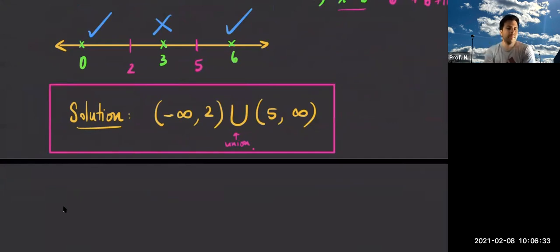That's all that union symbol means. It's just a symbol to represent that I'm including both intervals. So when you have more than one interval, that's usually what we use. We use the symbol of that big U to indicate that we're including both.